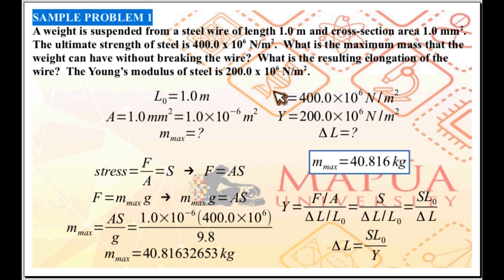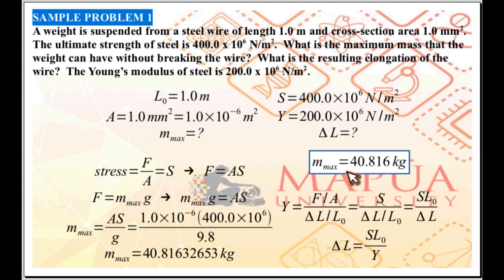Now, to determine the resulting elongation of the wire, this is elongation, length deformation, we use Young's modulus. Young's modulus is given by stress over strain, F over A divided by delta L over L naught. We are looking for the resulting elongation at maximum mass of the weight.